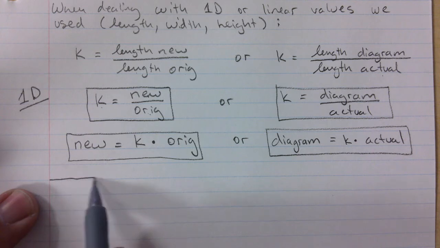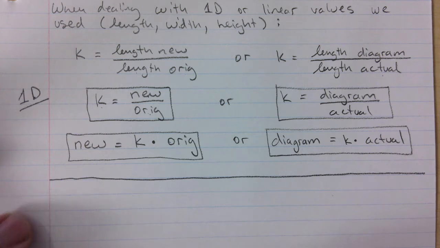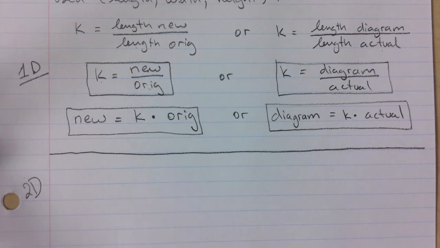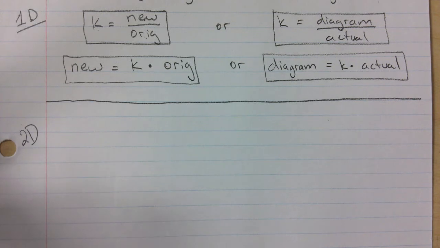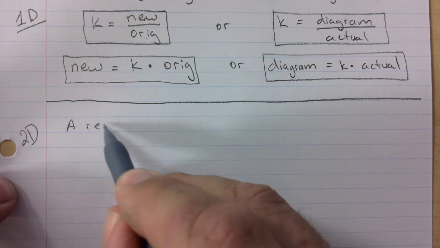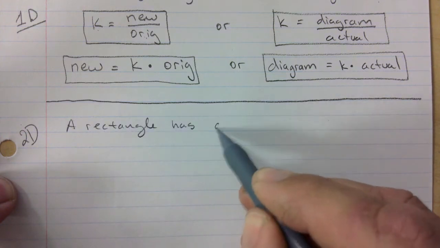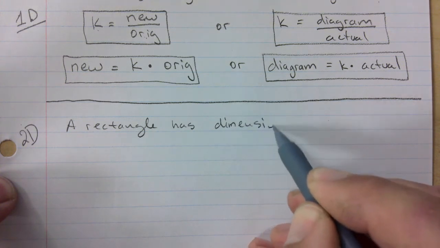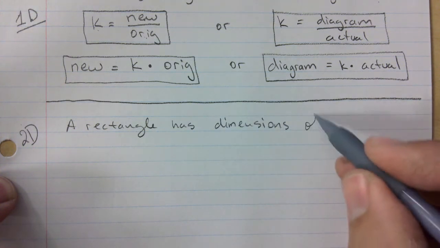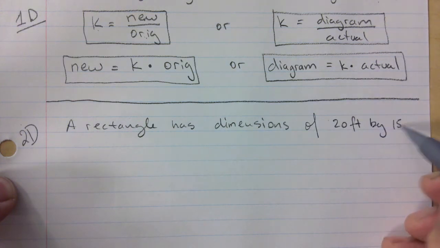I'm going to cut this here and start talking about 2D. So I'll put 2D on the side here. And so let's explore this first. A rectangle has dimensions of 20 feet by 15 feet.